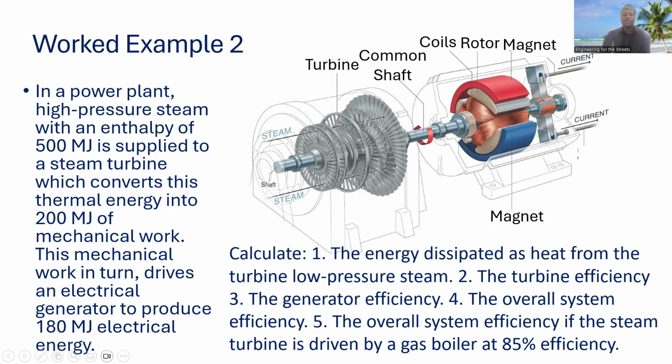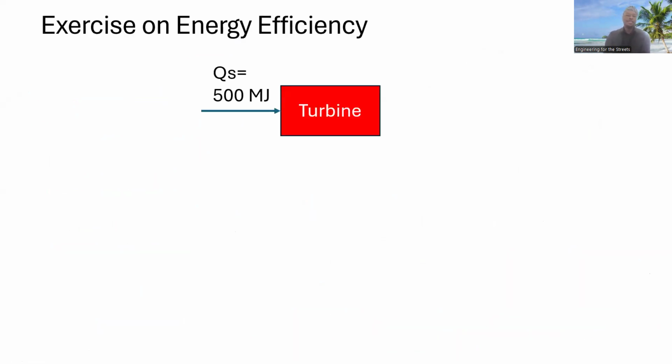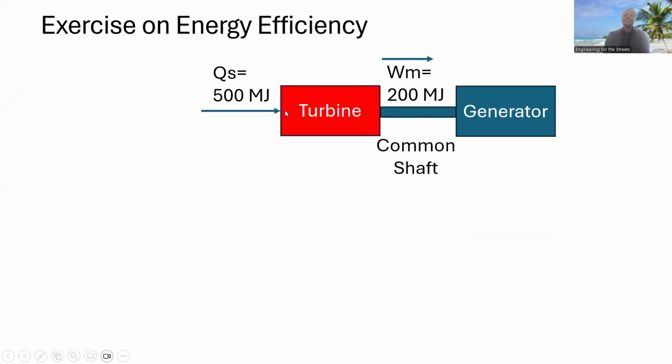So we move forward. Now here's the turbine, the steam turbine. As the question says, it receives 500 megajoules of energy at the input. And then 200 megajoules of mechanical work which drives the generator through the common shaft.